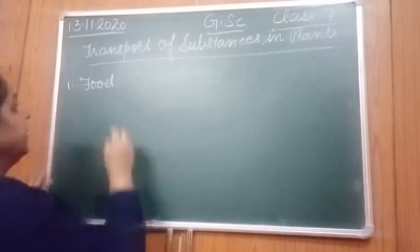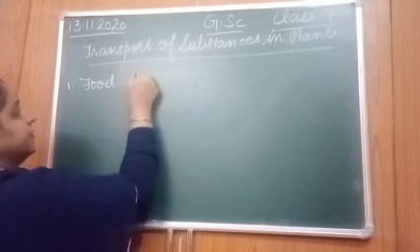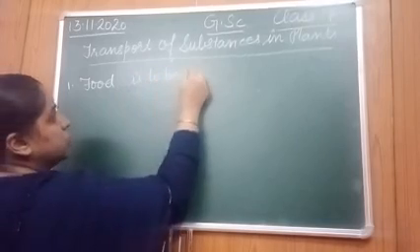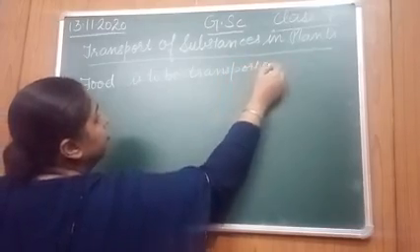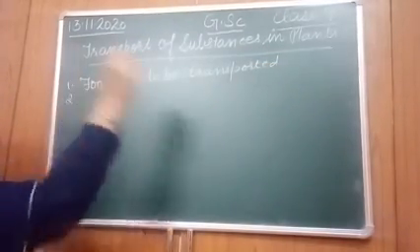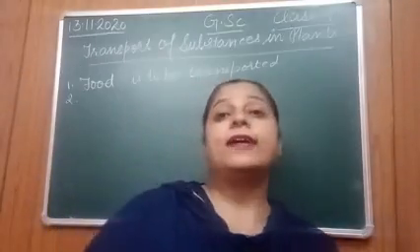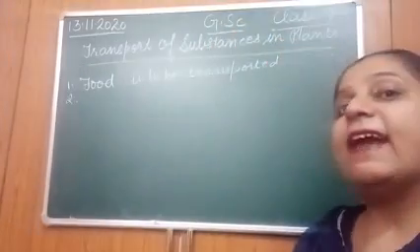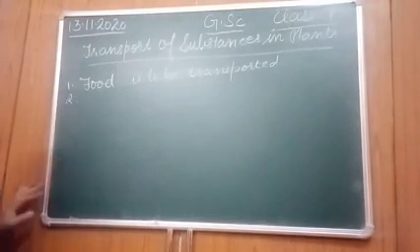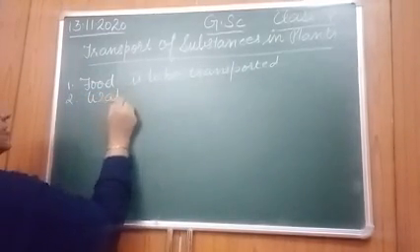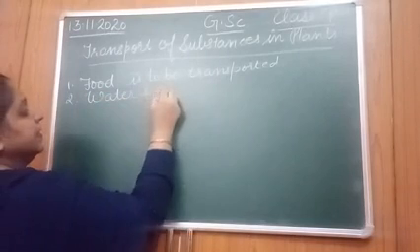It is to be transported to all parts of the plants. Now, one more thing is to be transported. That is water and minerals. They are absorbed from the soil by the roots.